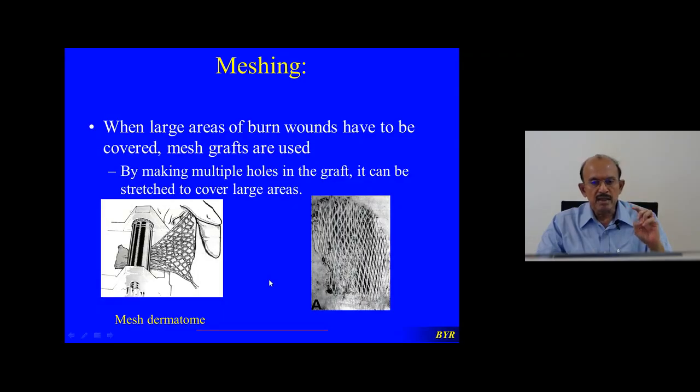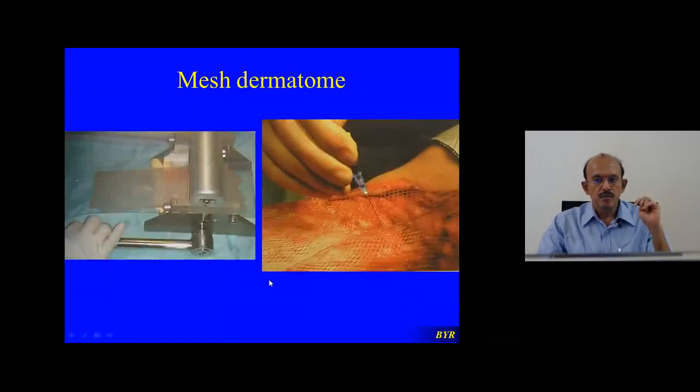But our intention is to surface the burnt area and to have some epithelialization so that there will be no oozing and not much scarring and deformity. So you can see this is the mesh dermatome, and you can see the mesh applied here. It's just like a mesh, it is all skin.